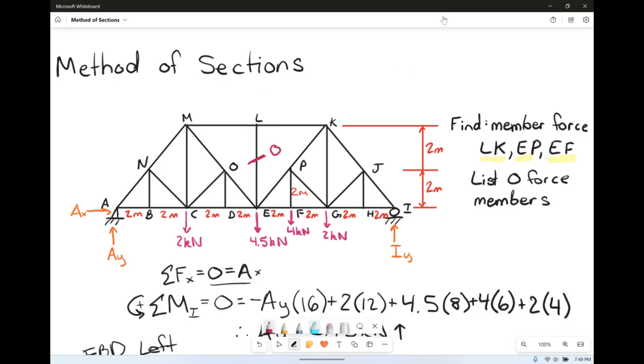Let's do the same logic over here at joint B. At joint B, if we draw a free body diagram, it's an inverted T. So if you sum the forces in the y direction, you're going to get that your y1 here is 0. Again, you can do the same thing at joint D, right?